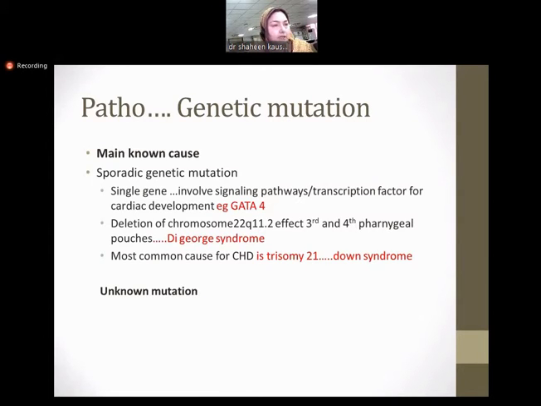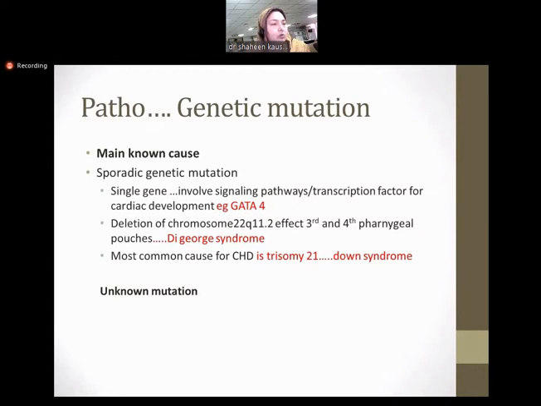We will discuss briefly genetic mutation, which is the most important and known cause for congenital heart disorder. There are known genetic mutations or deletions of chromosomes that may lead to congenital heart defects, and there are unknown mutations which are not yet identified that may cause congenital heart defects.